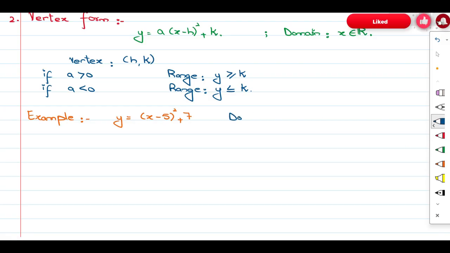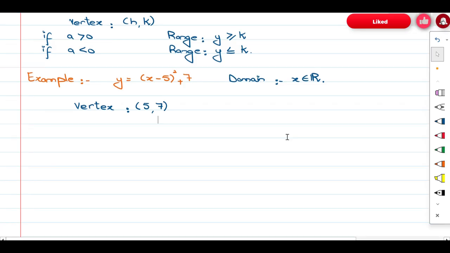Now the domain of this vertex form is always the set of real numbers. This is my domain. To get the range, we need to figure out the vertex. What is the vertex? 5 and 7. This minus is a part of the formula. 5 is the x coordinate of the vertex and 7 is the y coordinate of the vertex.